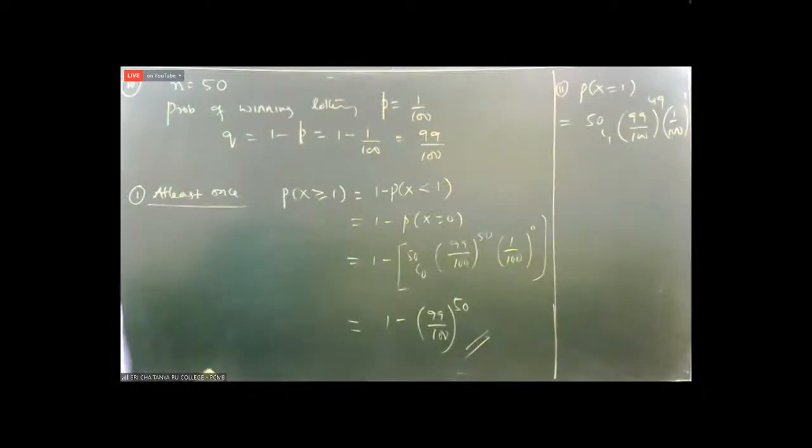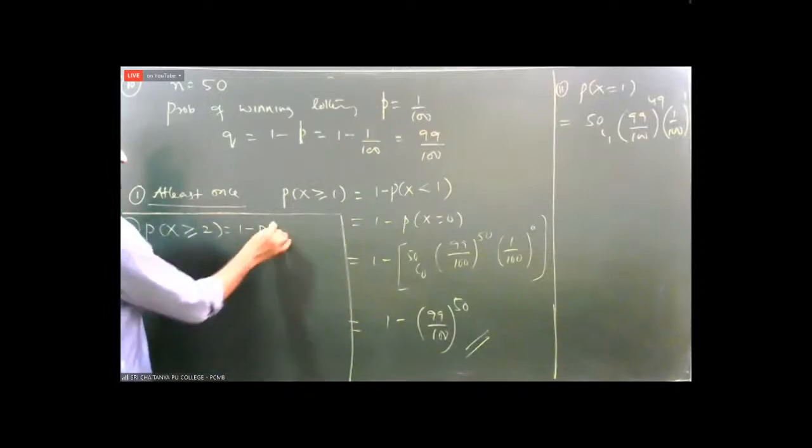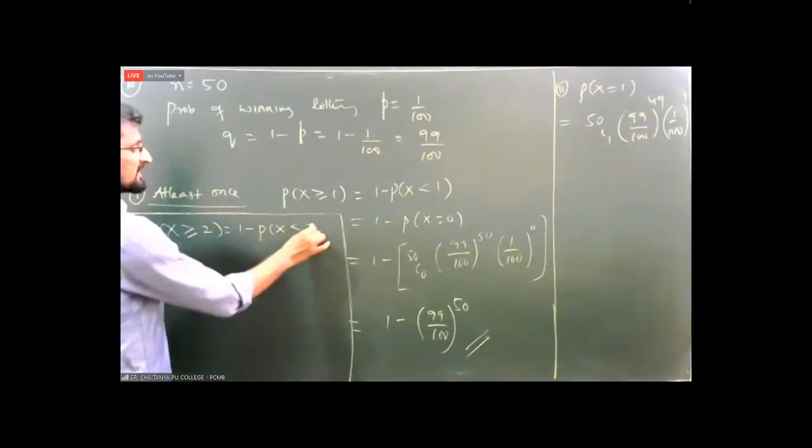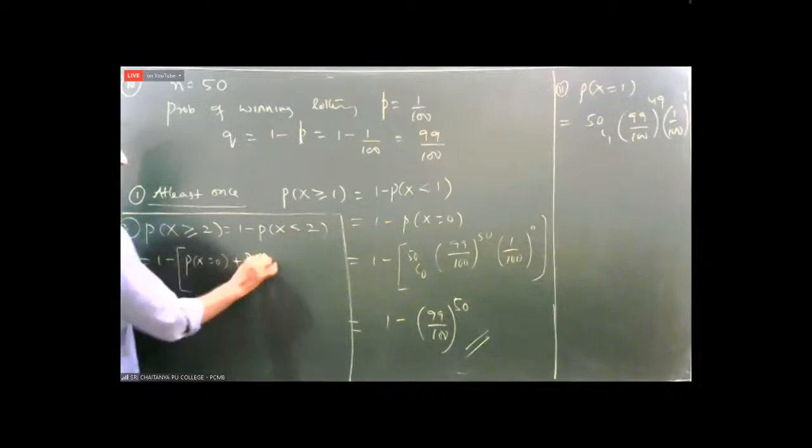And in the next problem, he has given you the third problem. He has given you P of x at least twice, that is, greater than or equal to 2, which is equal to 1 minus P of x less than 2, which implies 1 minus P of x is equal to 0 plus P of x is equal to 1.